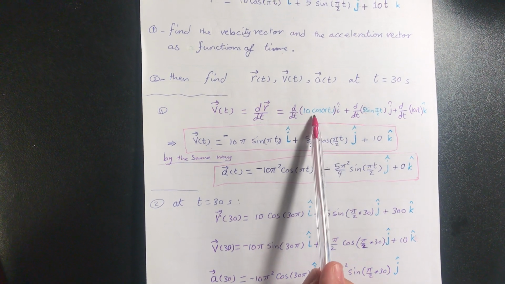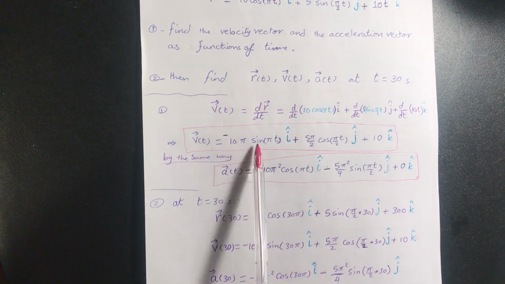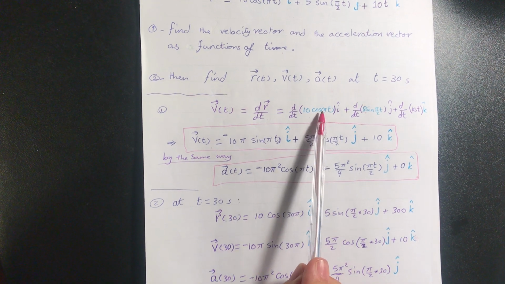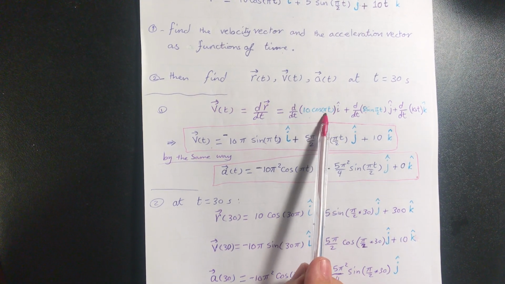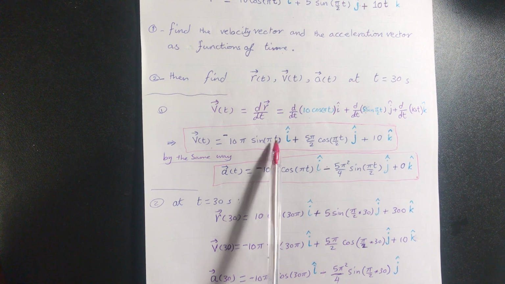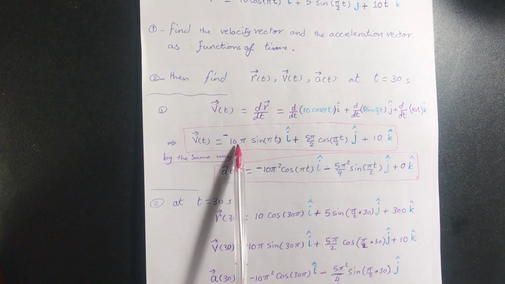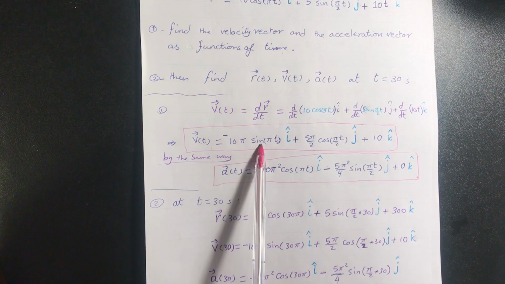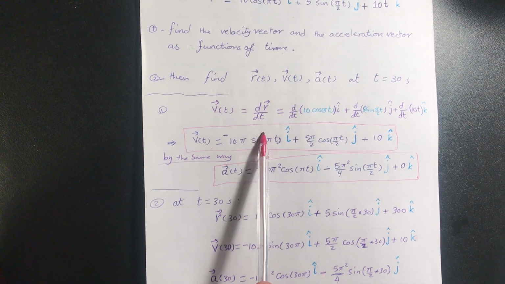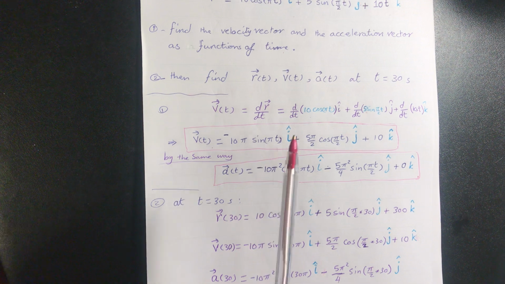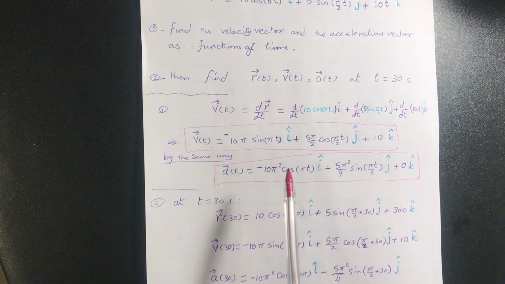The derivative of cosine is negative sine. The argument inside the cosine is pi t. We need to derive it, and the derivative of pi t is pi. We have 10, so this is 10 pi, negative sine. This is the first derivative of the x component of the position vector in the i direction.